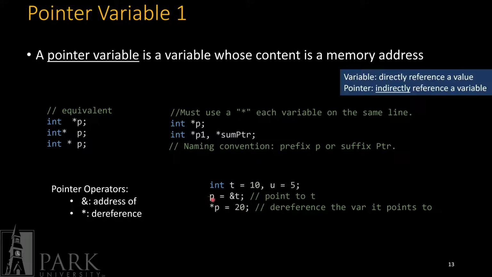Here, we're assigning p the address of t, so it goes out in memory and says, oh, it's pointing to this memory location. p is equal to that memory location, but here we're saying we don't want the address of p, we want the variable that p points to. This is called dereferencing. And when we dereference something, we can pass in an actual value.